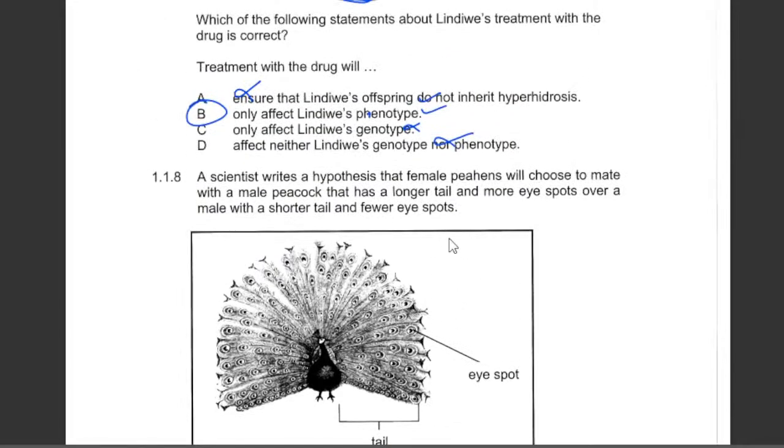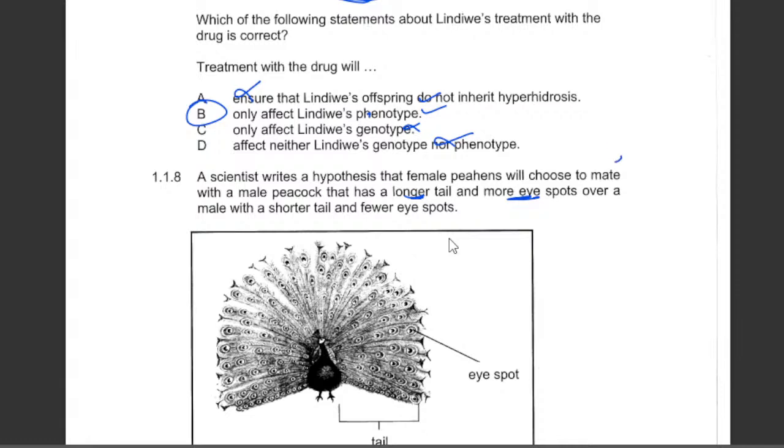If you look at this, you see that they're saying that they mate with a male peacock that has a longer tail and more eye spots, meaning that if you have a longer tail and more eye spots, you are likely to get more mates.